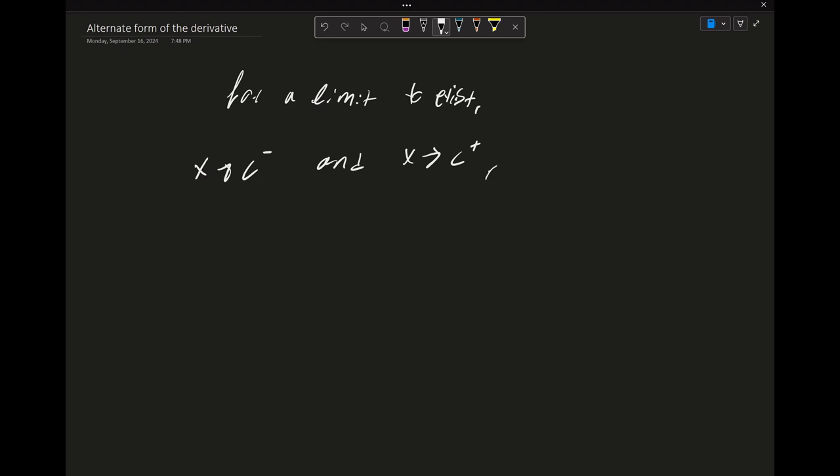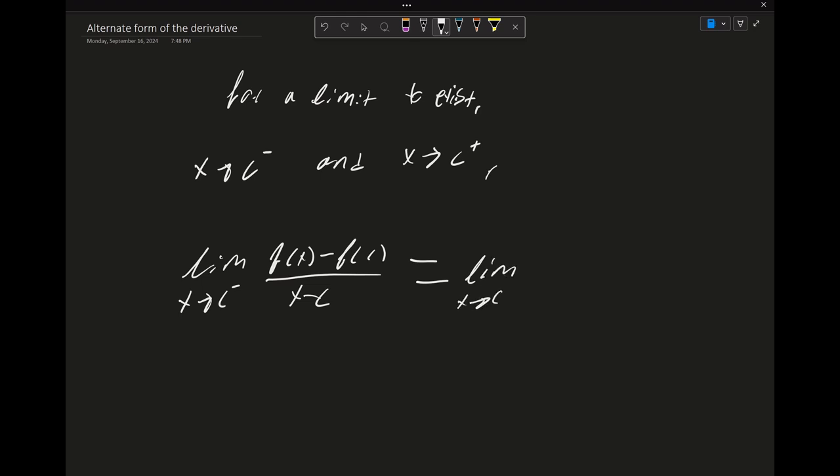So applying this to this alternate form, we want to make sure that the limit as x approaches c from the left of f of x minus f of c over x minus c equals the limit as x approaches c from the right of that same f of x minus f of c over x minus c. So this will both get us the derivative at that value c and prove to us that we can use that alternate form since we know that the limit there exists.